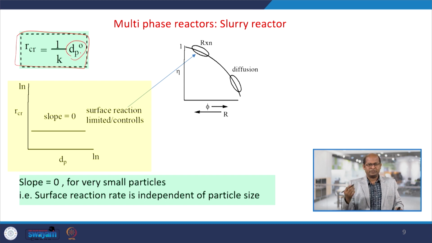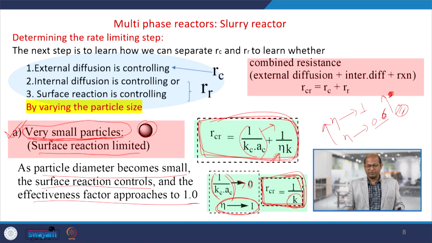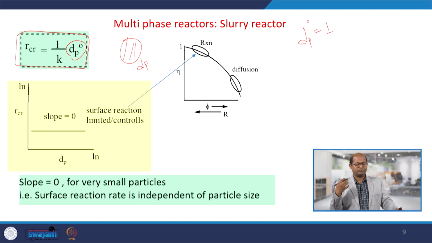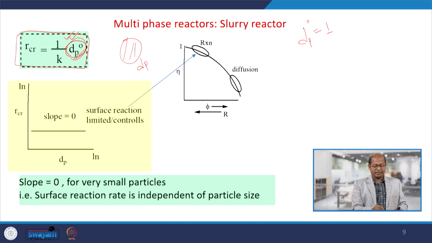So, we can write this equation this way also: RCR, the combined resistance, is 1 by K dP to the power 0. Here dP is the diameter of the particles, and dP to the power 0 means 1. So, nothing is there; I just want to make it easier to understand what I actually mean. Therefore, if we take ln of the left hand side and right hand side, we can plot ln RCR on the left and ln dP on the right.